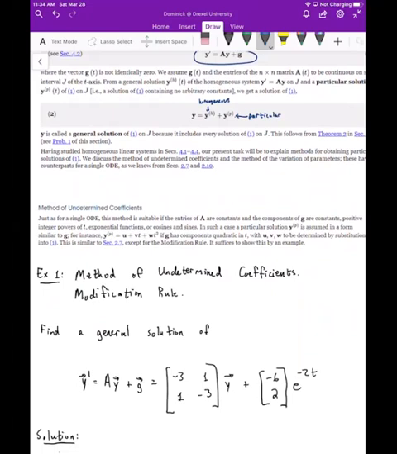This is a great method if your coefficient matrix A is just constants, as are the components of your G vector, right? Of course, in this example, you can see that A is all constants.